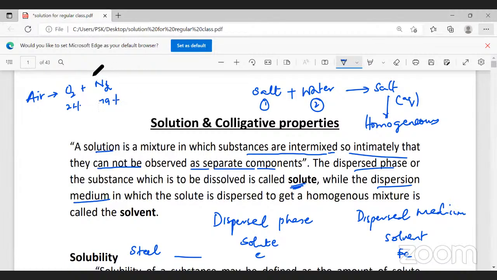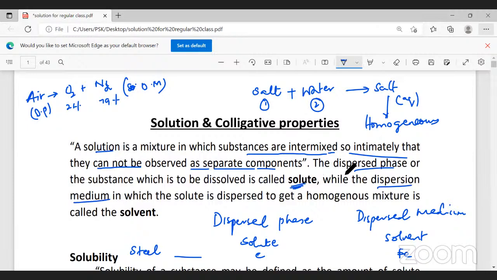Since nitrogen is in large scale, nitrogen will be called as dispersed medium. And oxygen is in small percentage, therefore this oxygen will be called as dispersed phase. So oxygen will be called as a solute and nitrogen will be called as a solvent. Air is a gas, but still we call this a solution. We will learn about it a little later in detail.